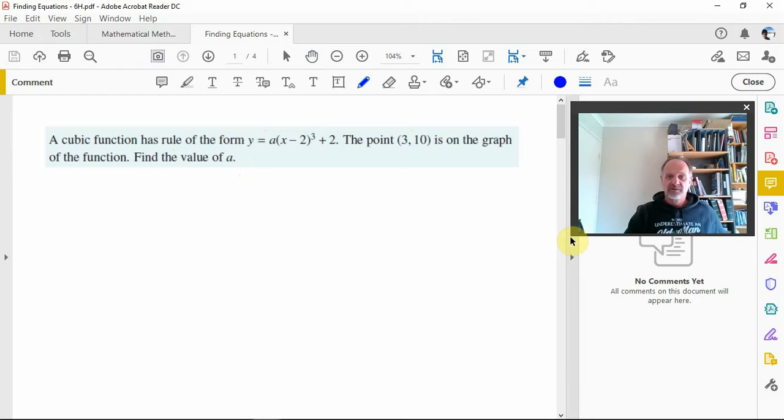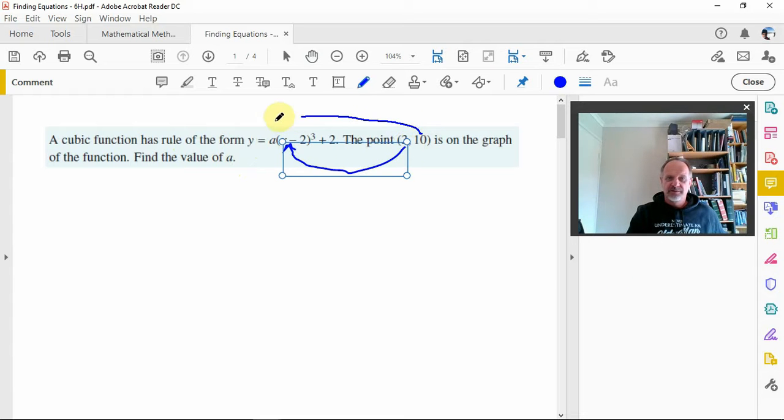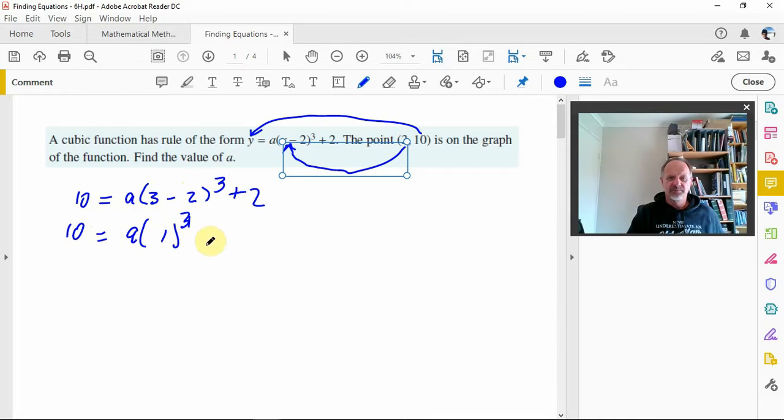So what we know is that when x is 3, y is 10. And so we then go that 10 equals a(3 minus 2)³ plus 2. So 10 equals a. 3 minus 2 should be 1, so 1 cubed plus 2. 1 cubed is 1, so a plus 2.